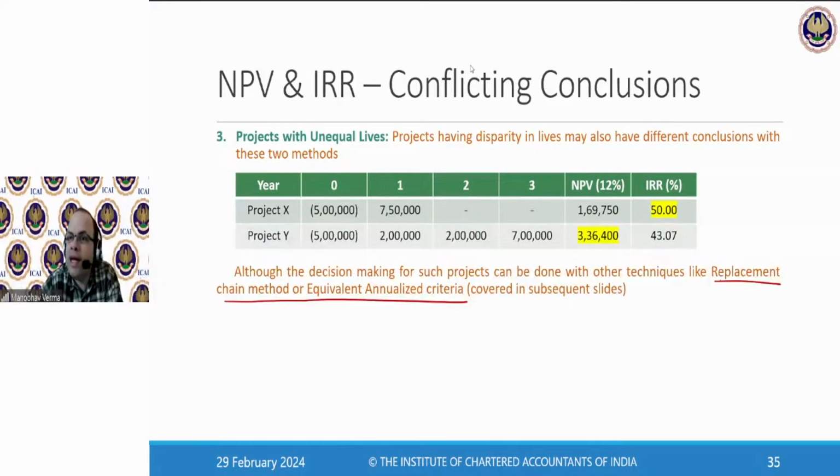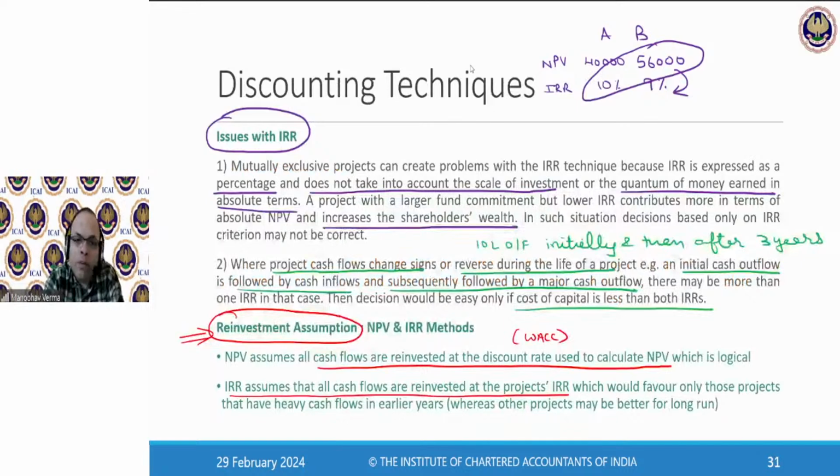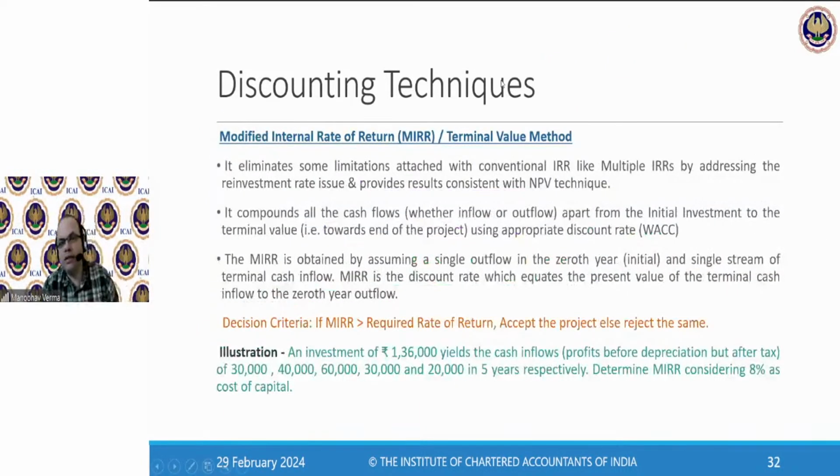We had issues with IRR, guys. The second point: where the project cash outflows are not only in the initial year but also in the later years. We have an answer for that. The answer is modified IRR, modified internal rate of return.